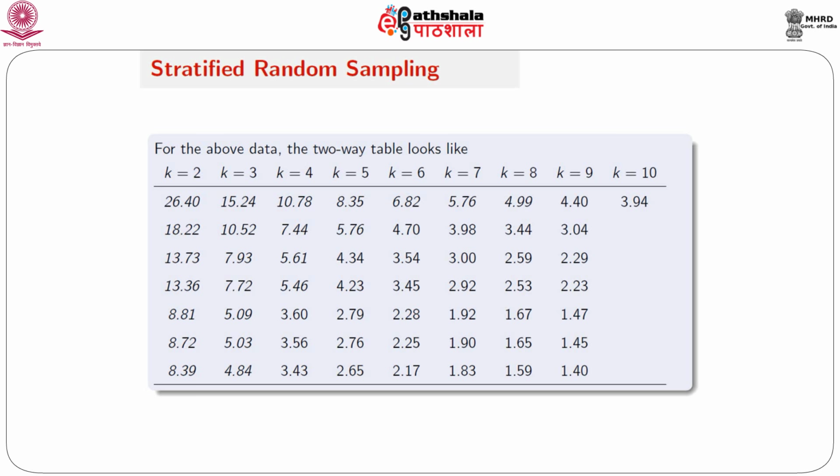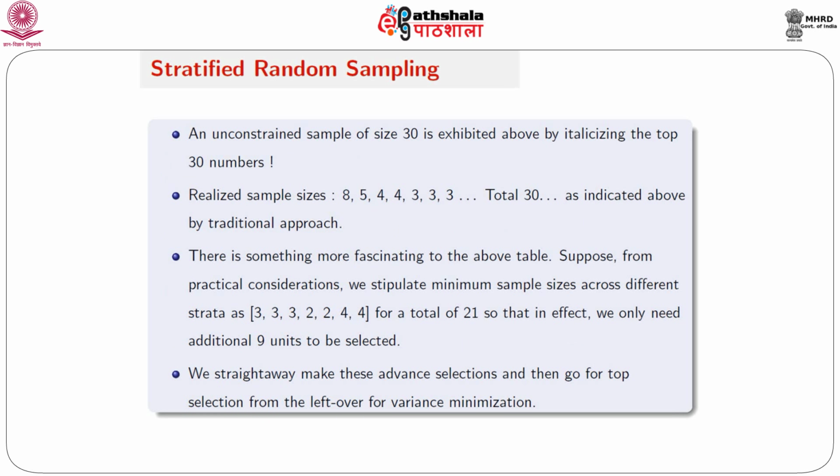You remember k equal to 2 means there are 3 observations, k equal to 3 means there are 4 observations, and so on. So at the end, an unconstrained sample of size 30 is exhibited above by italicizing the top 30 members, and realized sample sizes are 8, 5, 4, 4, 3, 3, 3 with a total of 30 as indicated above by the traditional approach.